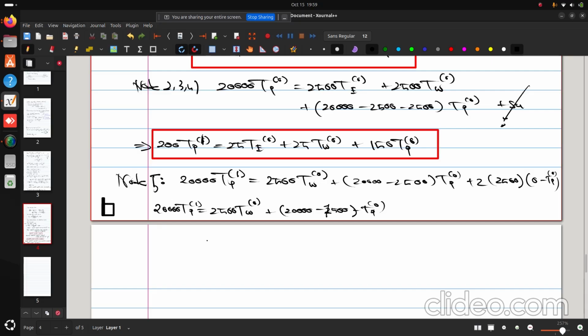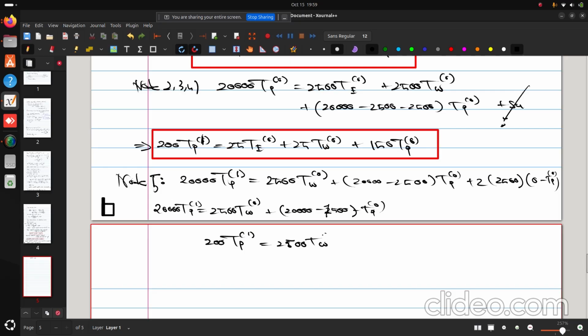Finally we can write 200 tp1 equal to 25 t west naught plus 125 tp naught.